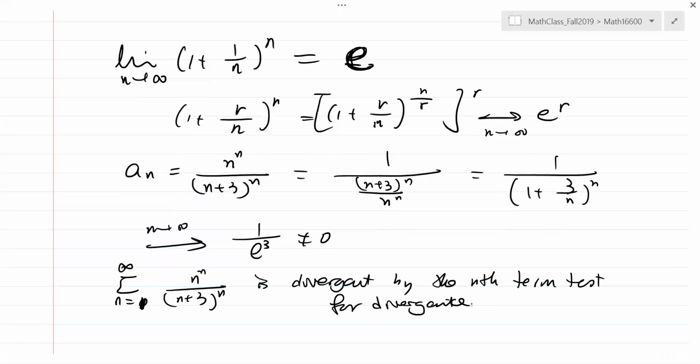Although the nth term converges to 1 over e cubed, as long as it's not converging to 0, the series is going to be divergent. When n is sufficiently large, every term is almost equal to 1 over e cubed, which is a positive number. If you add a million, a billion of such numbers, the sum gets larger and larger. So that's why it's divergent.